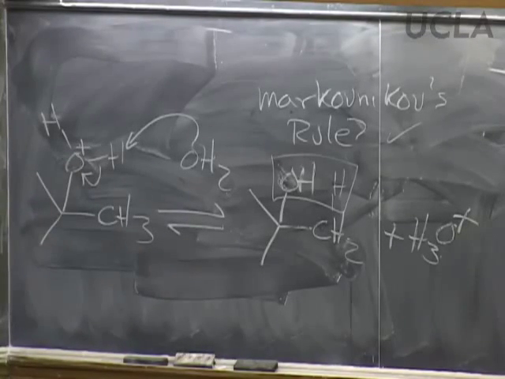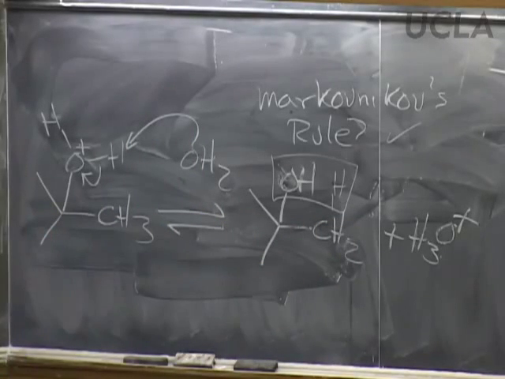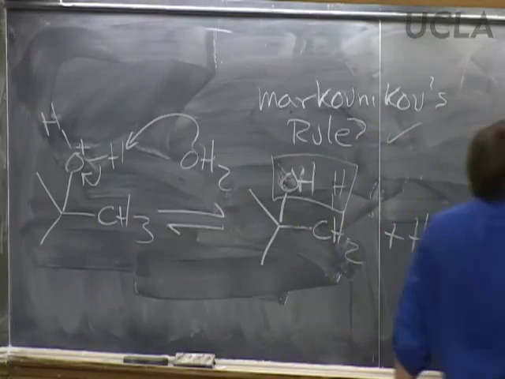If that leaving group leaves, then we get a carbocation, and one potential fate of a carbocation is deprotonation. In other words, the forward direction is electrophilic addition to a pi bond. The reverse direction is E1. So these two processes are in equilibrium with each other.